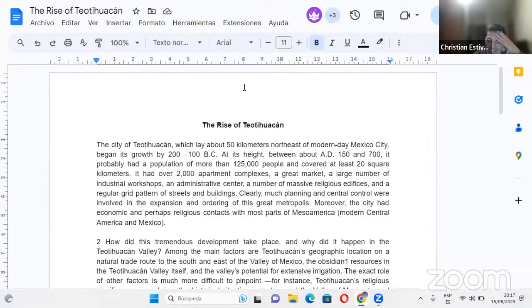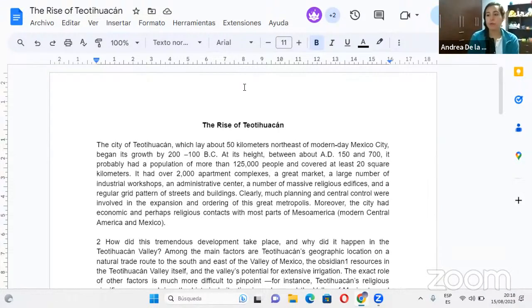Well, it narrates the factors that influenced the growth of this city and what advantages it used to have in order to have that development. Yes, perfect. I think that's a great summary.